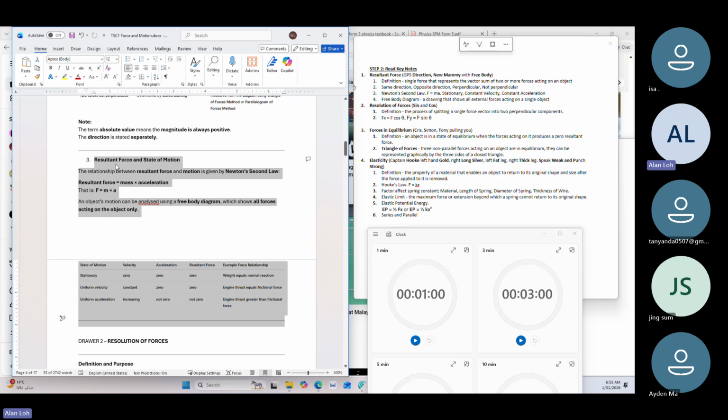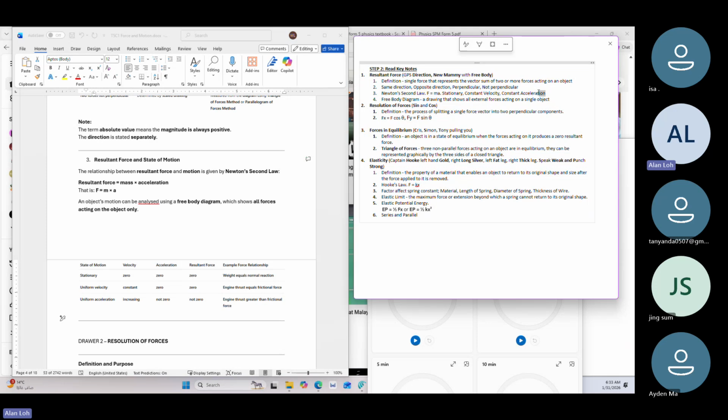So this point number 3 is related to point number 3 and point number 4 over here. Newton's second law and free body diagram, right? And now I'm sure you have more knowledge related to stationary, constant velocity and constant acceleration. Right, constant is uniform, it's the same thing.